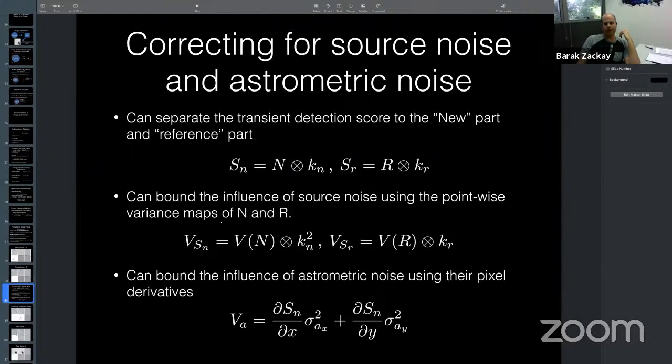And also, if you did not perfectly align the images, then you're going to have some residuals that are just due to the fact that you did not perfectly align the images. So for example, if you have some astrometric residual at the point where you match the images, then you can find what is the variance of each point in the image based on the astrometric residual and the derivative of the image.